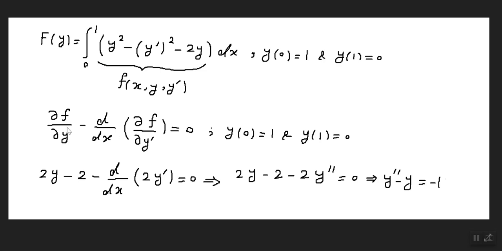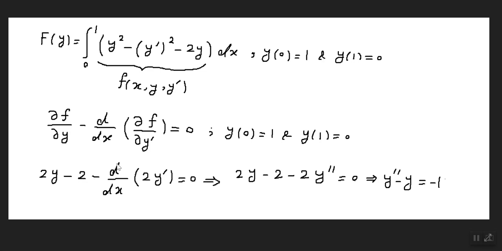Okay, so the derivative of f with respect to y: this is like a number, so this is 0, the derivative of y squared is 2y, this one is 0 because we said derivative with respect to y, and the derivative of this one is minus 2.